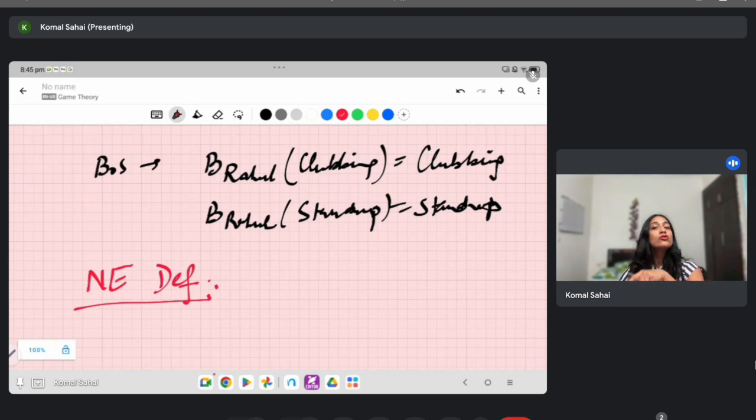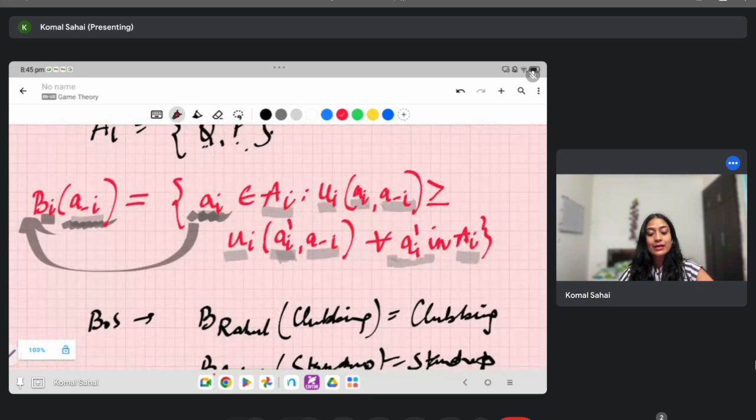And if player I is choosing a response that is not best, that means there exists any other AI prime which gives a higher payoff, right? अगर ये hold नहीं कर रहा है तो कोई AI prime होगा जो higher payoff दे रहा है, तो deviation होगा, है ना?